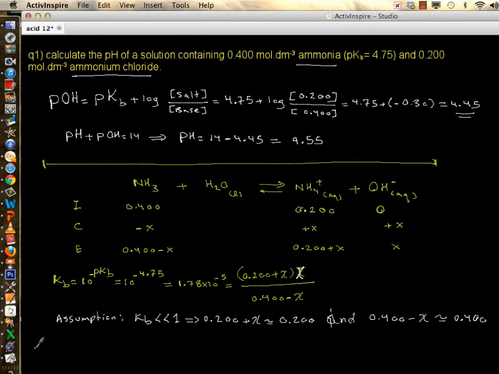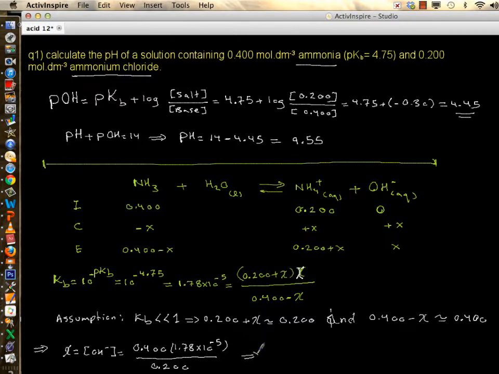So life becomes easier. Now we solve for x, and x is the concentration of hydroxide, don't forget. It's simply 0.400 multiplied by 1.78 times 10 to the minus 5, divided by 0.2.